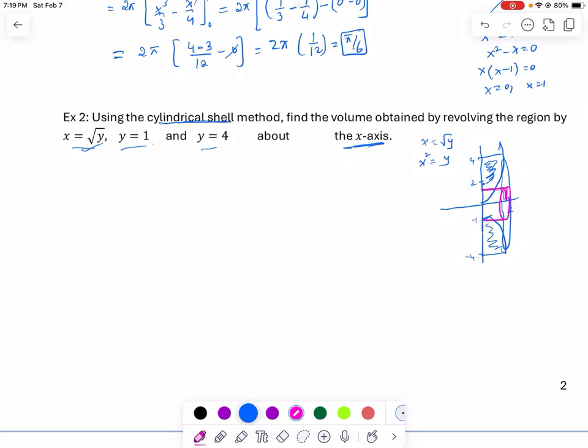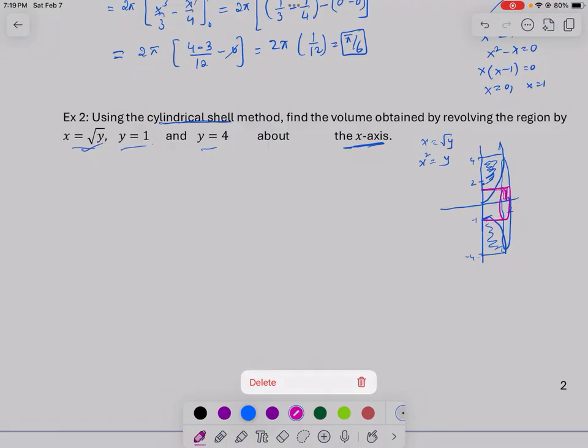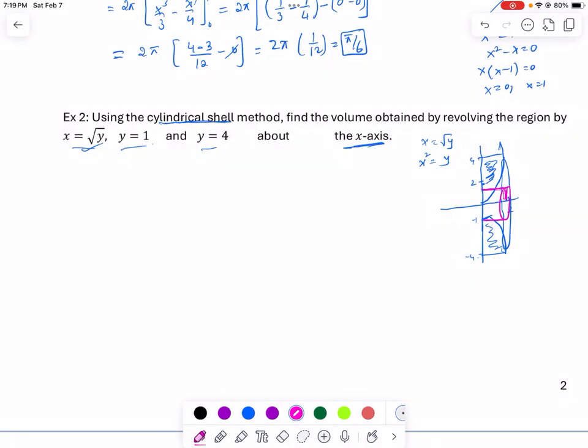The first thing is limits. They are already given, and also we have only one function given here, so we can only use these limits. So we say V is equal to the integral from 1 to 4 of 2 pi y times square root of y dy.